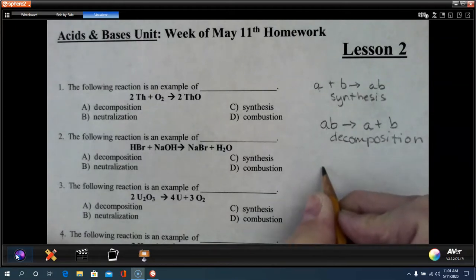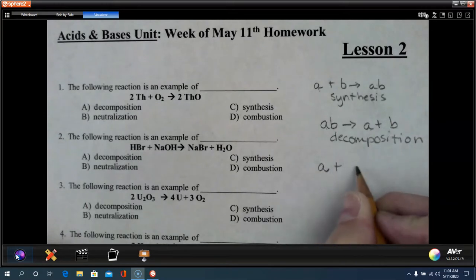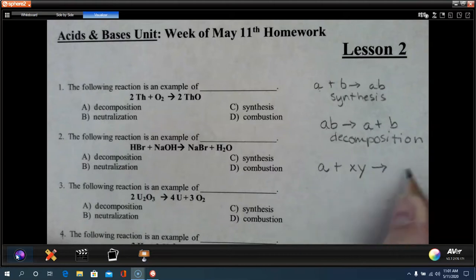You also have A plus XY yields AY plus X. In this case, the single element is combined with a compound. That single element is going to take the place of one of the elements in the compound.